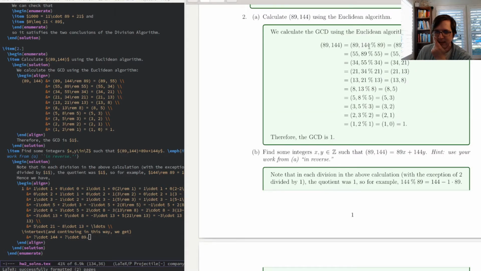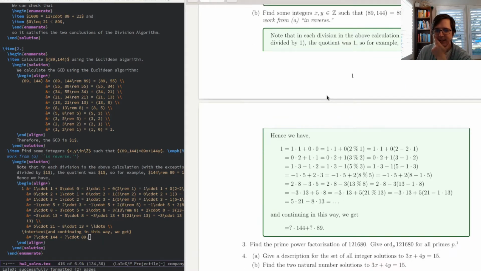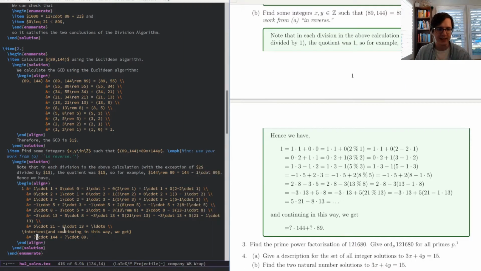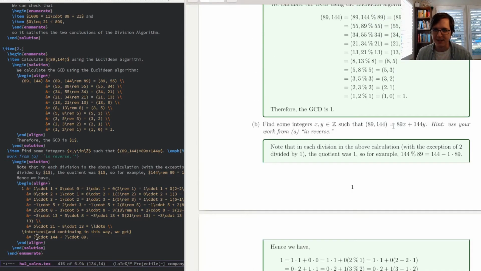So 144, 89, 55, 34. Those are the numbers. Okay, so the bigger number gets the smaller one, so 34. And then the smaller number gets the bigger one, which is 55.